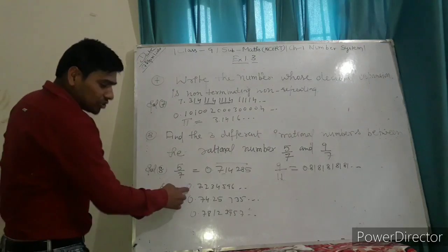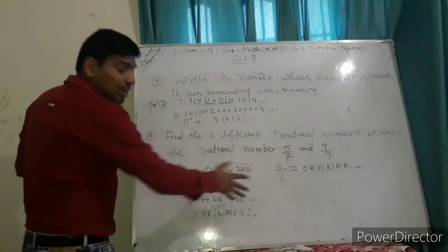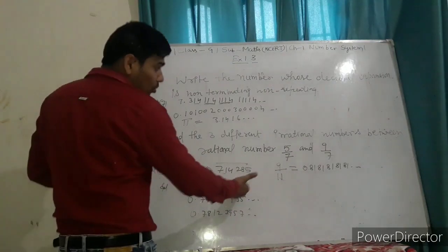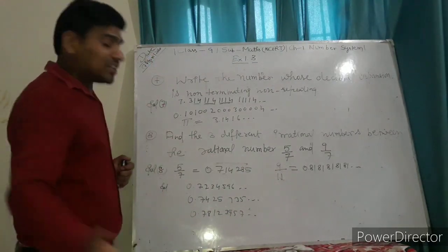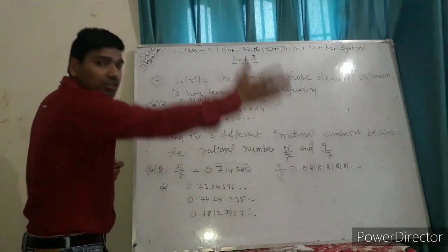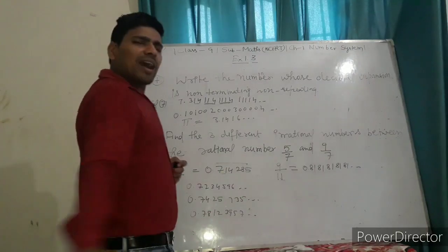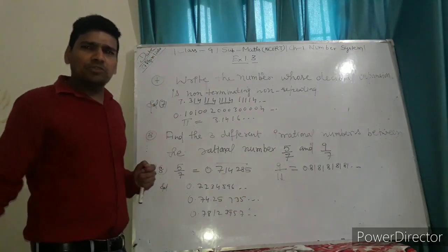You can write 0.72345696..., but there is no repetition and no termination, so this is an irrational number. 0.74255735... like that, 0.781239... and other examples you can take.